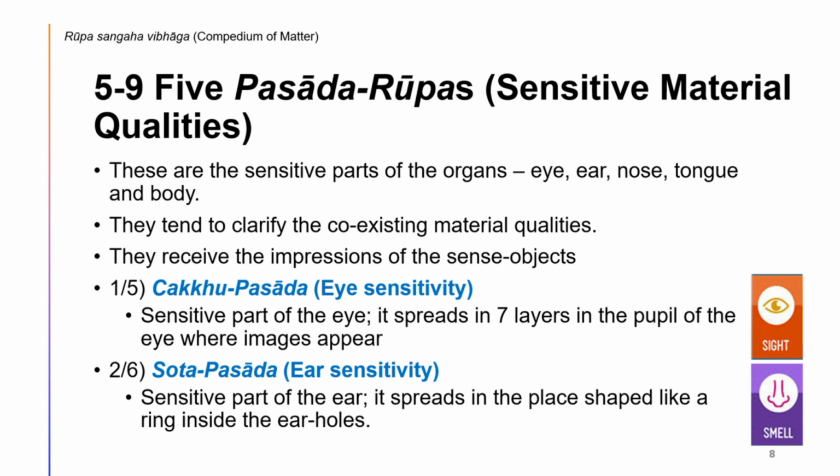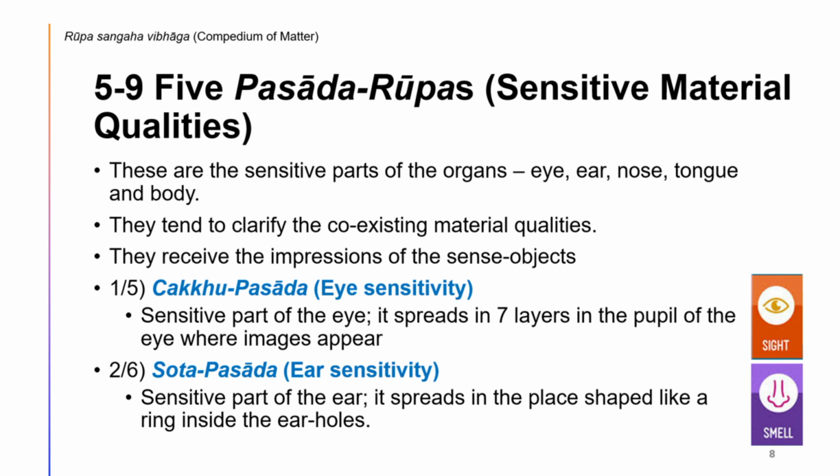The physical eye is a lump of the four great essentials. Even the inside of the eyeball is made of them, and it is the very supple, minute portion in which external objects are reflected.